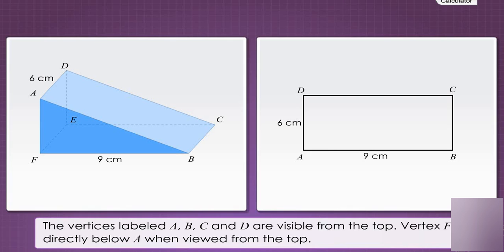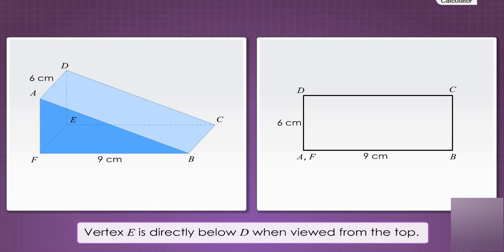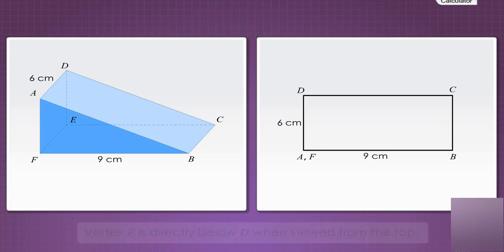Vertex F is directly below A when viewed from the top. So, we label this vertex A, F. Vertex E is directly below D when viewed from the top. So, we label this vertex D, E.